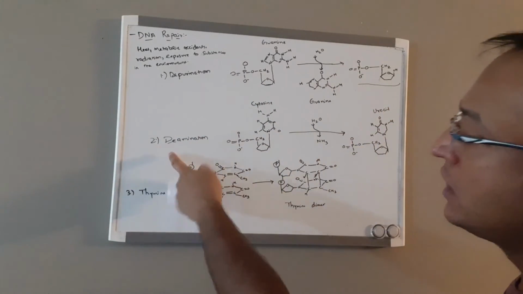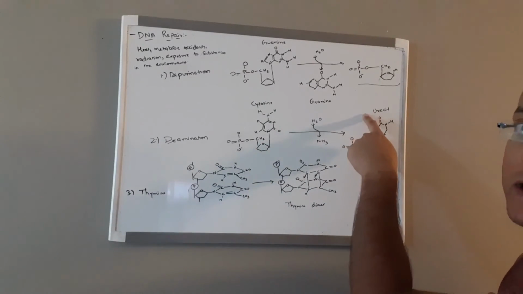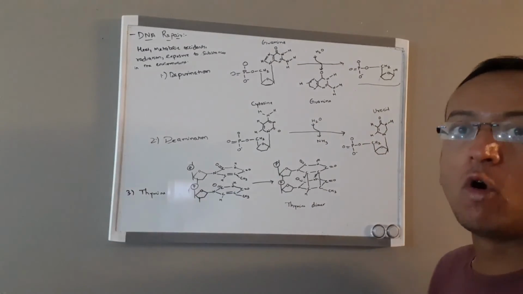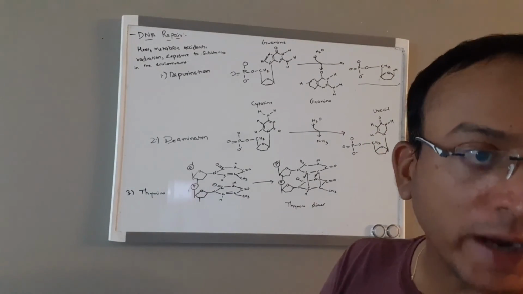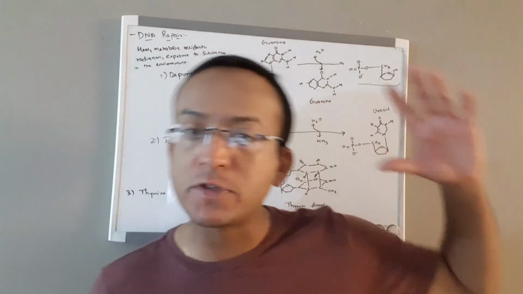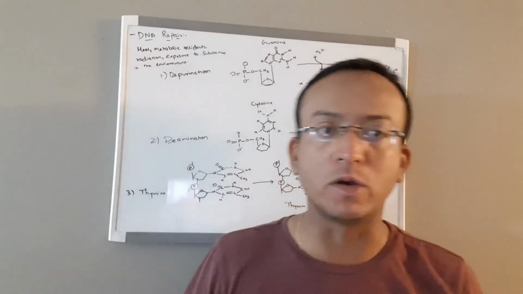In this one, when not repaired, it will have a wrong base, uracil, which it should not have, and this will have a covalent linkage with each other. The mutation would then be propagated throughout subsequent cell generations. Once the mutation is there, it will go along the generations.